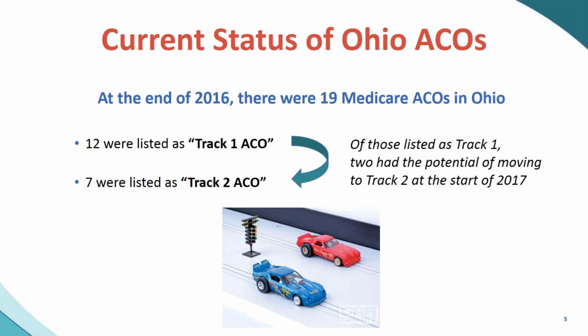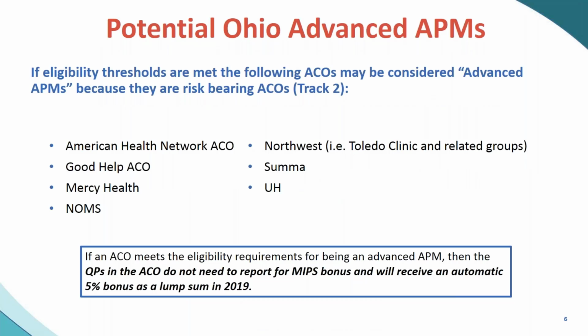Now also keep in mind with those Track 2 ACOs, again, they're advanced APMs, so all of the participants get that automatic 5% bonus check, and there are no additional reporting requirements. So the potential Ohio advanced APMs, if they meet the eligibility thresholds, can be considered advanced APMs because they are risk-bearing.